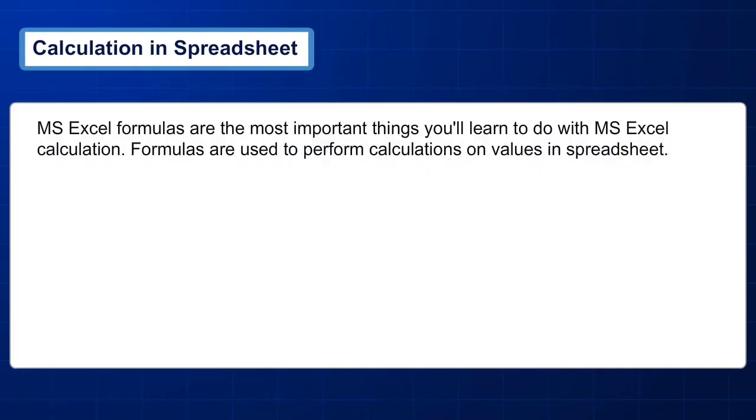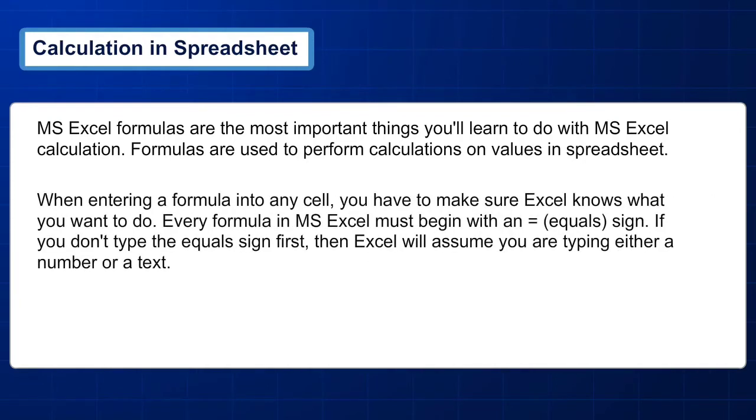Calculations in spreadsheet. MS Excel formulas are the most important things you will learn to do with MS Excel calculations. Formulas are used to perform calculations on values in spreadsheet. When entering a formula into any cell, you have to make sure Excel knows what you want to do.